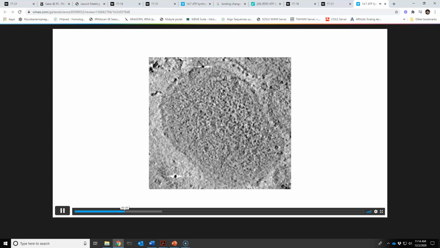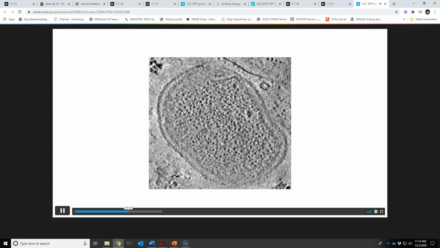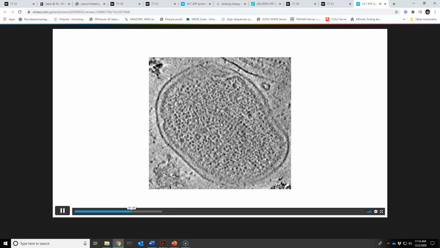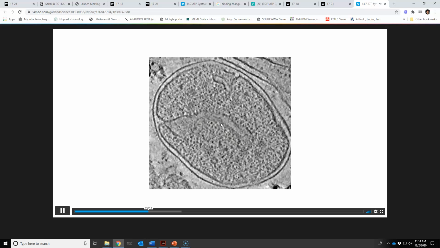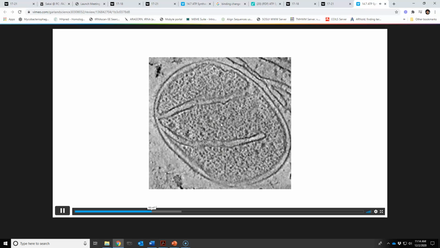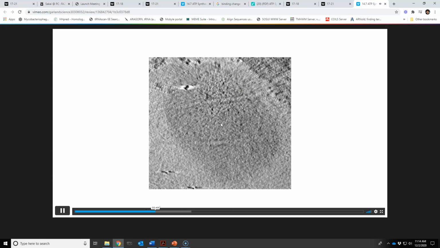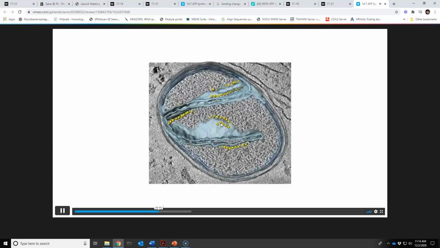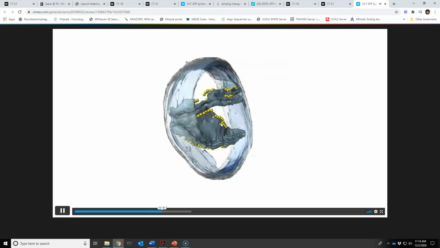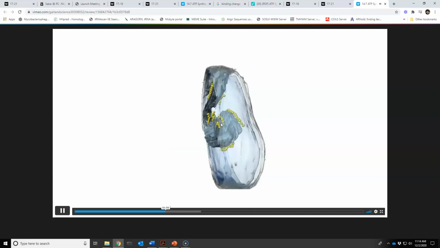In this series of cryo-electron micrographs of a small yeast mitochondrion, we see long rows of ATP synthase proteins, indicated by the arrowheads, projecting like lollipops into the mitochondrial matrix. When the series of images is combined to create a three-dimensional model, we see that the ATP synthase proteins are arranged in double rows along a highly curved membrane.